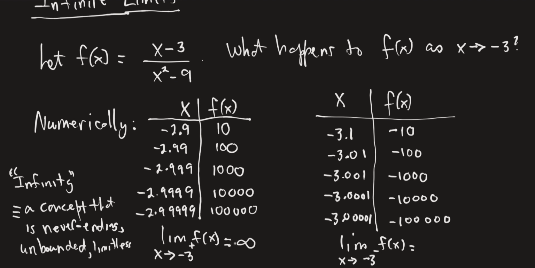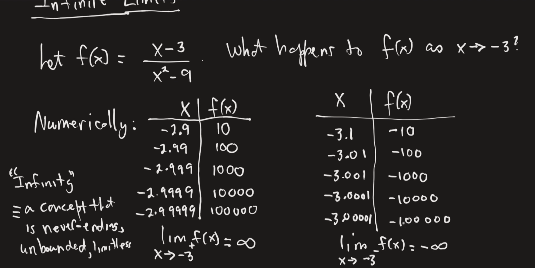You could put the plus sign in front of the infinity if you wanted to really say, yes, these numbers are getting larger and larger and larger, but they're remaining positive. Similarly here, to indicate this sort of pattern in our function values, again, as x gets closer and closer to negative 3, we would say that the function value is approaching, or is getting closer and closer to negative infinity.